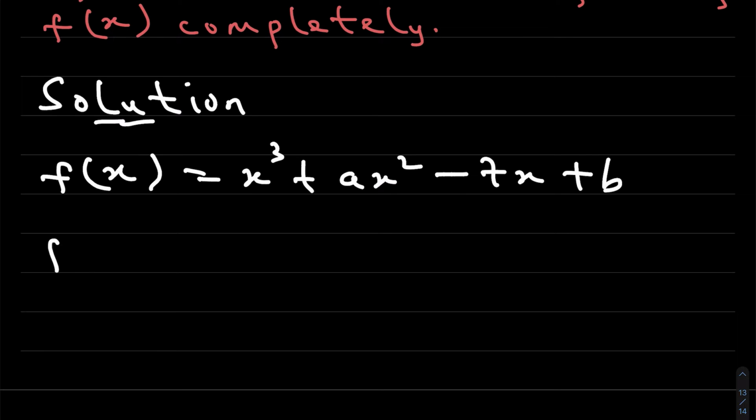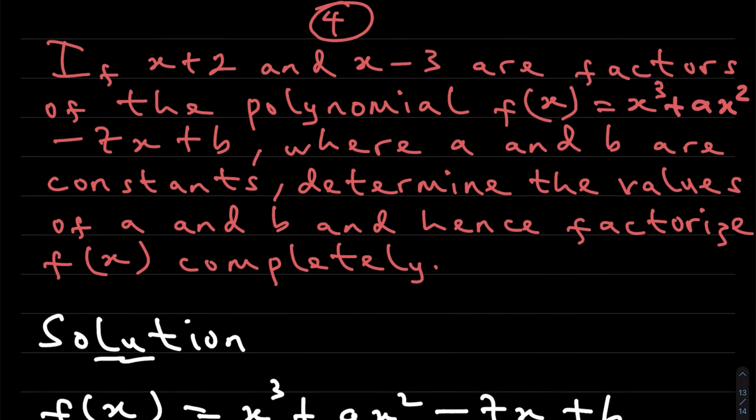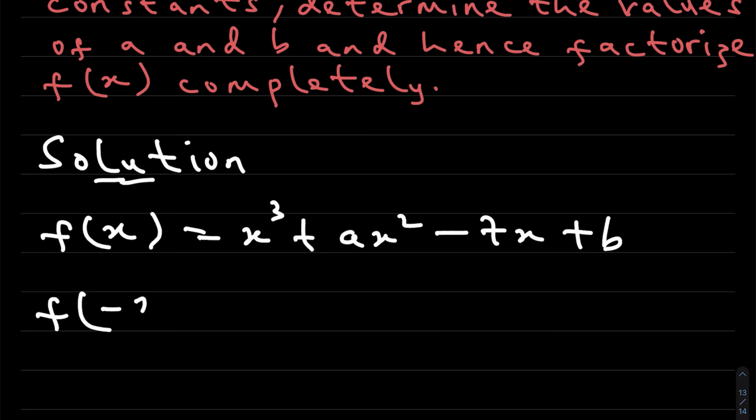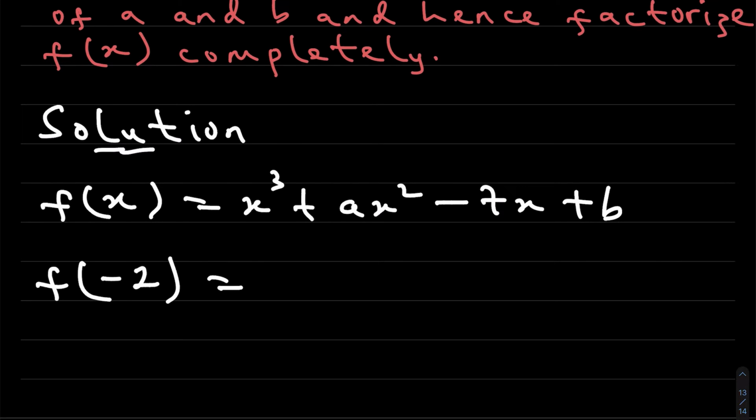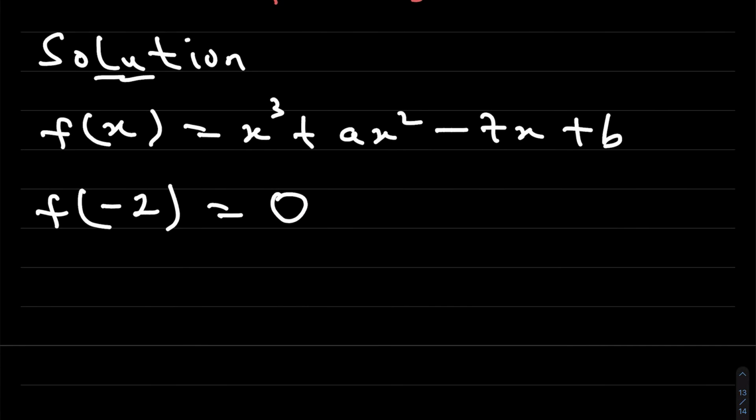If x plus 2 is a factor of f of x, that simply means the remainder when f of x is divided by x plus 2 is 0, and that remainder is f of minus 2.